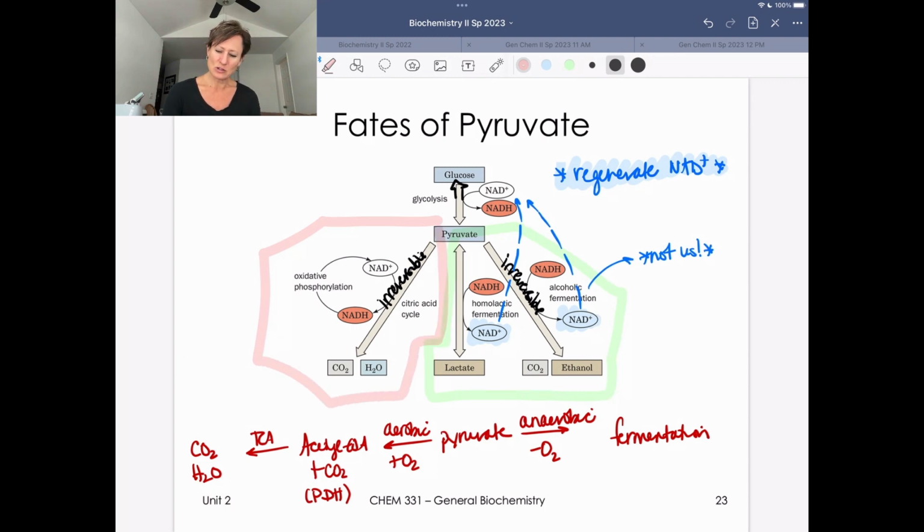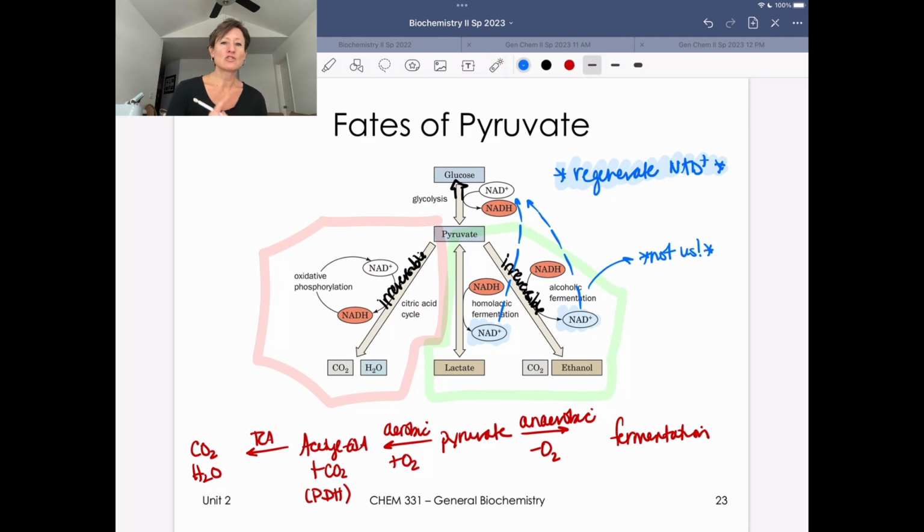Okay? So moving over to the other side here, this is what happens under aerobic conditions, right? We can see the details that we talked about down below, where they actually show this lumped together, which I don't necessarily love. We've got pyruvate dehydrogenase chemistry that generates the precursor that can then go through the citric acid cycle. The citric acid cycle actually generates more NADH. So we still haven't yet regenerated that NAD+.